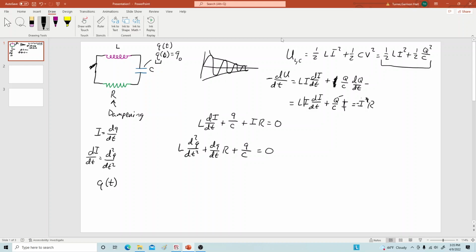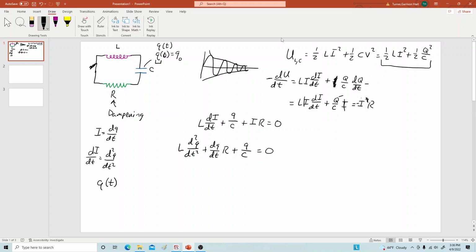Okay, you can have a family of solutions, but as soon as you impose conditions on your system, then you will get one unique answer, even if that answer might be able to be written in different ways. For example, you might write it in exponentials, or you might write it in sines and cosines if that's appropriate, or you might write it in hyperbolic sines and cosines if that's appropriate. So you can write these things in different forms, but there's one unique solution.